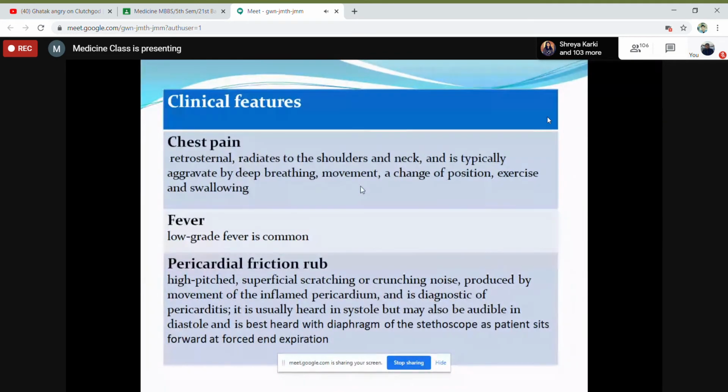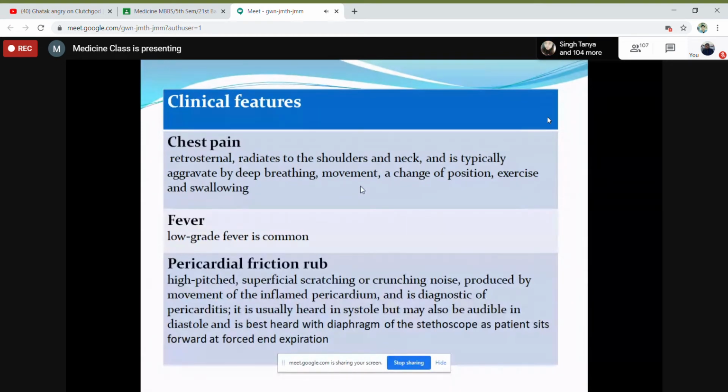A patient with acute pericarditis may have chest pain. It is the most important clinical feature. This chest pain may be retrosternal, radiating to the shoulder and neck, and is typically aggravated by deep breath, movement, change in position, exercise, and so on.